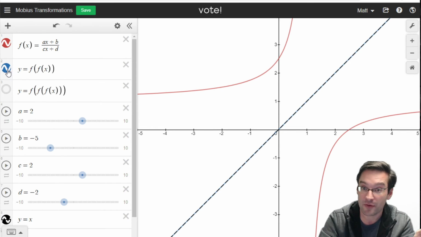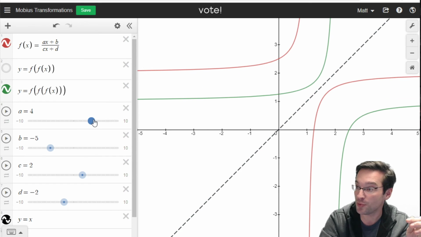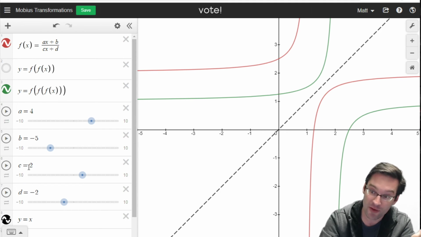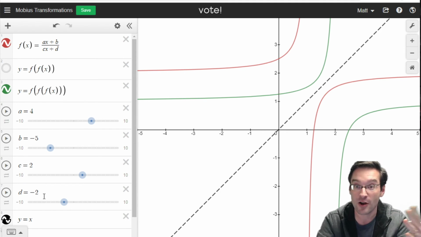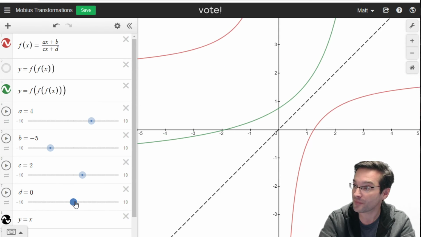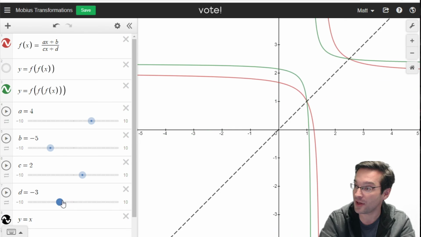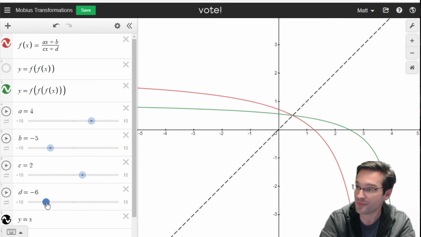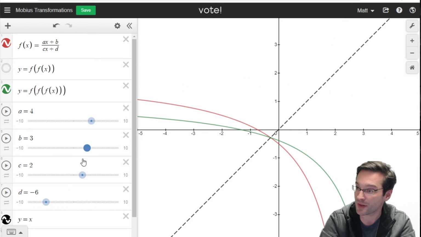So you can use f of x to do that part, and f of x to do the functional cube root, right? So here's a Mobius transformation in red, 4x minus 5 over 2x minus 2, which is not a functional cubed root of the identity function. But there are others. If I vary my parameter values again a little bit more. Oh, this one's a little bit harder to do.